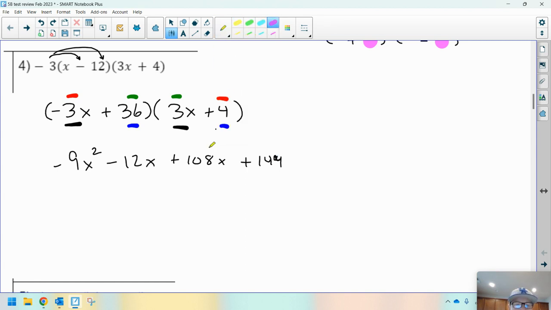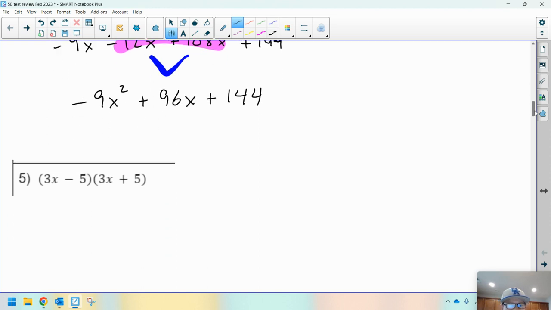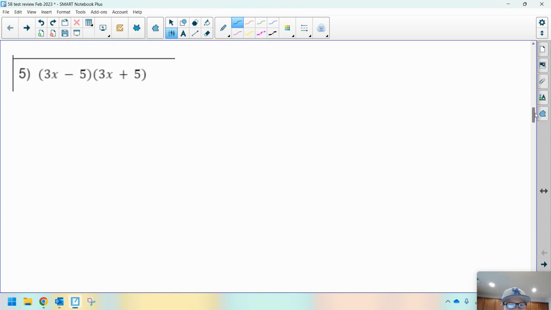Those middle two terms are like terms, so we have to combine like terms. 108 minus 12 is going to be 96. So that middle just becomes 96 over there. So it's -9x squared plus 96x plus 144.